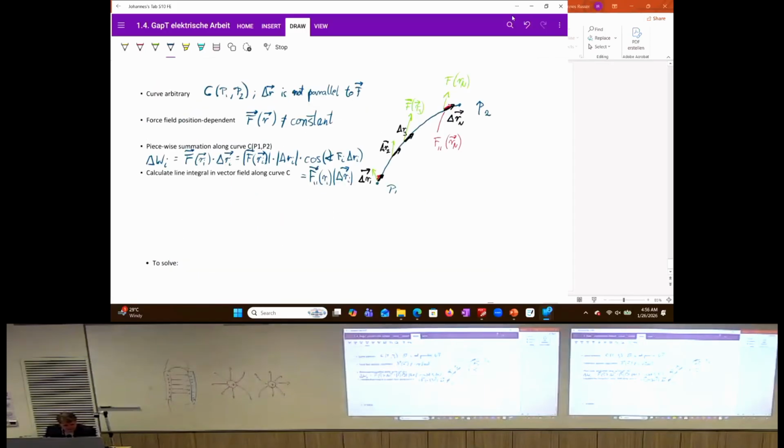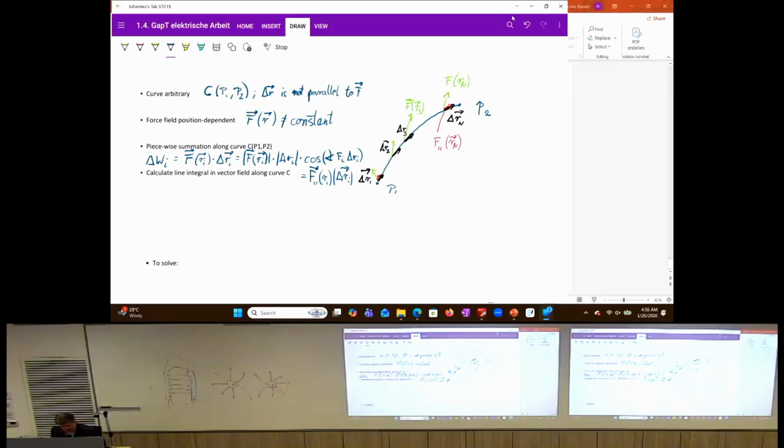Okay, and now you calculate the work. Basically, you calculate the line integral of the vector field along the curve C, and the total work performed along the path C is obtained by summing up all of these delta W sub i. These are the infinitesimal contributions to the work along these segments of the line, and those you add all up.